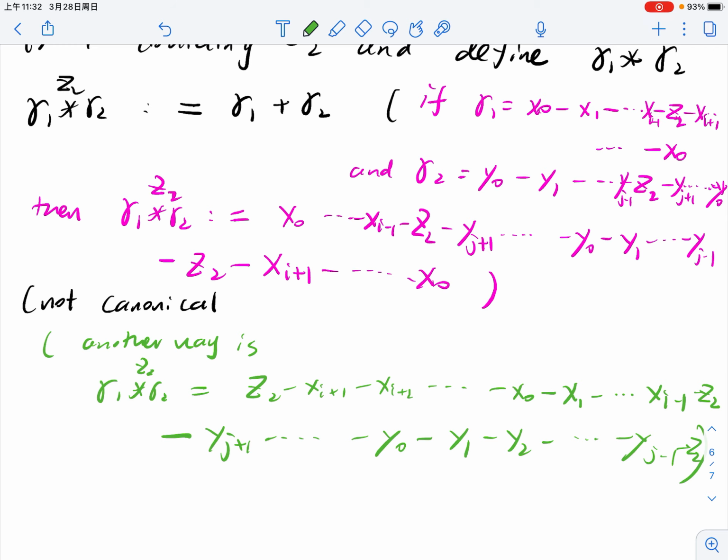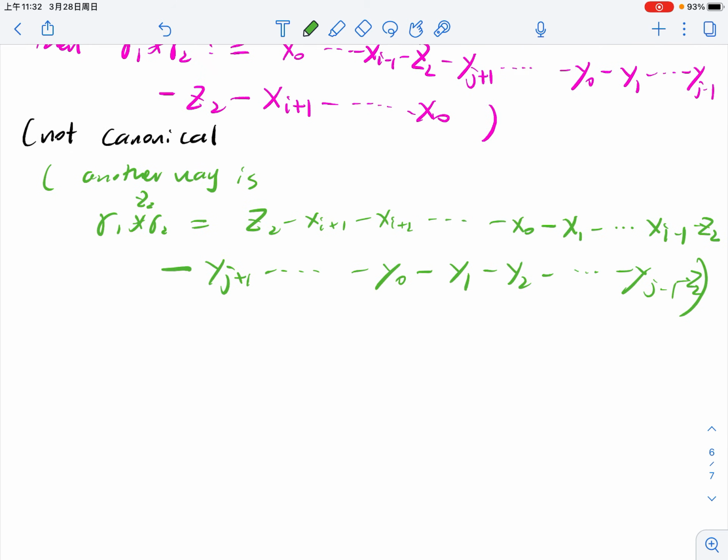This is another way. So you have just some rotating of the closed trails.